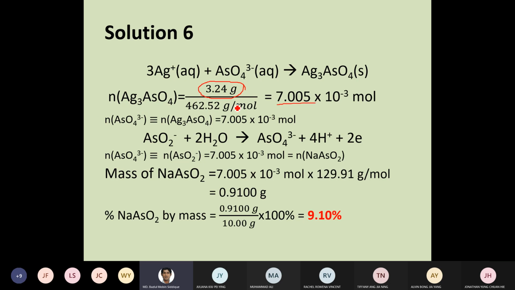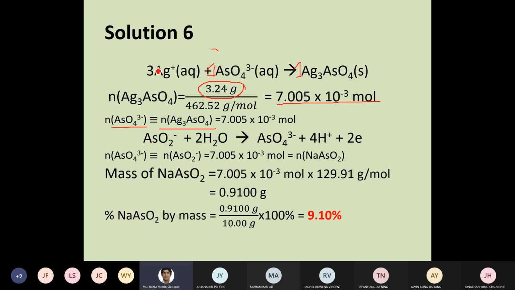The number of moles of silver arsenate is 7.005 times 10 power negative third moles. The number of moles of arsenate ion is equal to the number of moles of silver arsenate, because it is a 1:1 reaction, right?